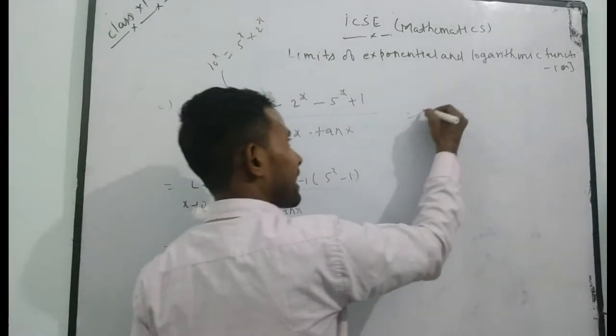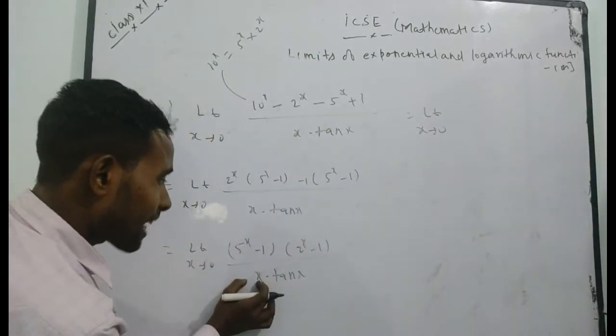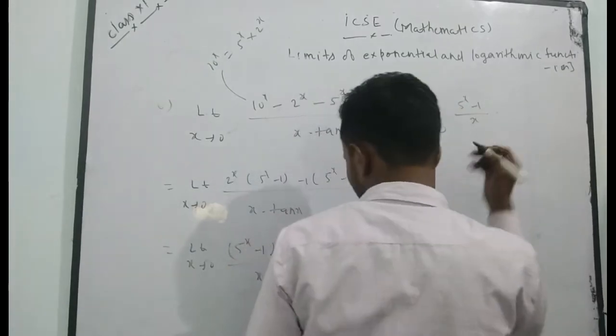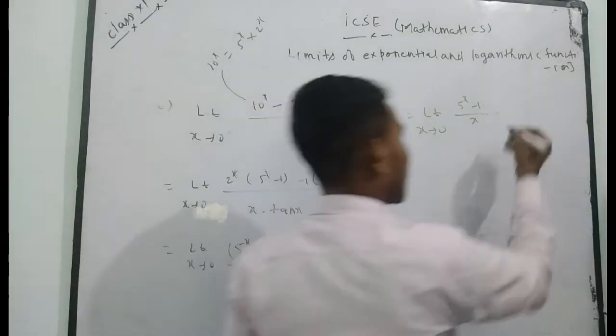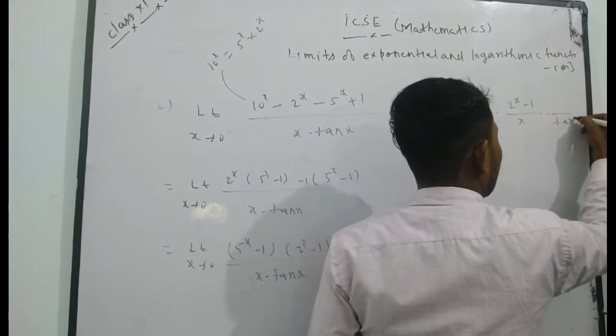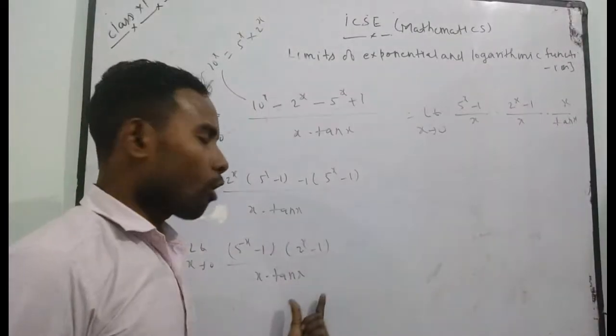Again, I want to write it as limit x tends to 0 of (5 to the power x minus 1) by x, into (2 to the power x minus 1) by x, into 10x by x. Firstly, is it the same or different?